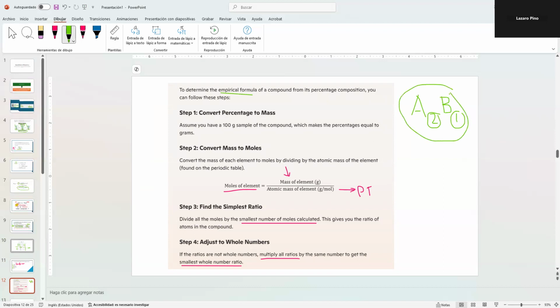Then this is what we call the empirical formula: the smallest relationship between the atoms in a compound.